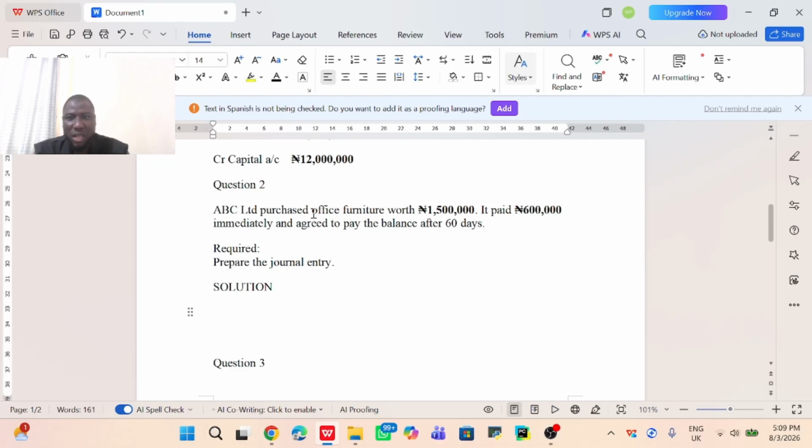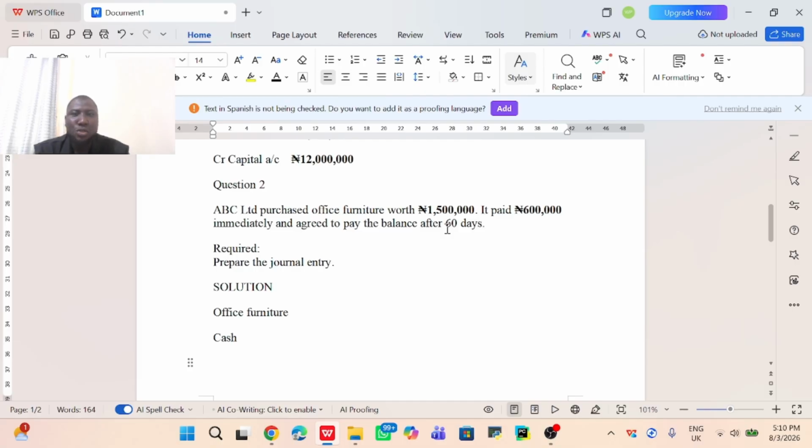Number one, we have to say, okay, office furniture. Office furniture. It pays immediately. That is cash. Cash. Agreed to pay the balance after 60 days.